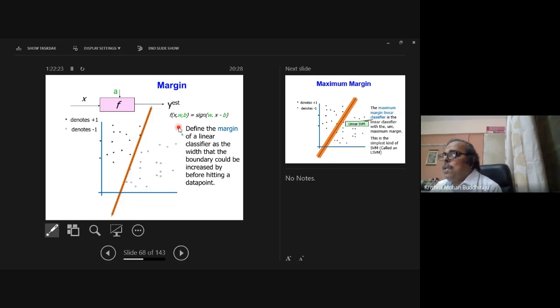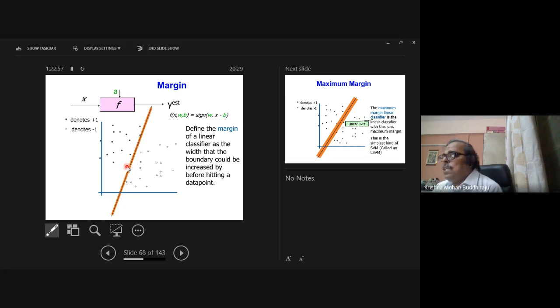Suppose this is the boundary. You see the samples of class 2 are very close to the boundary. So if you have a test sample whose value of this particular feature is slightly more, it goes into the wrong class. Similarly, this one, if the value of this particular feature is slightly less, it goes into the wrong class.